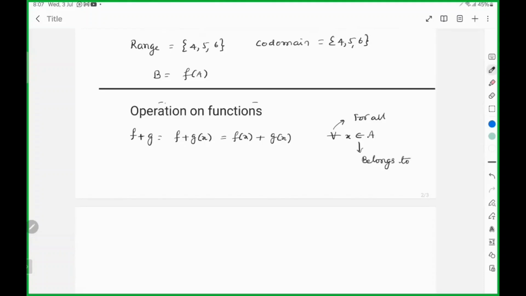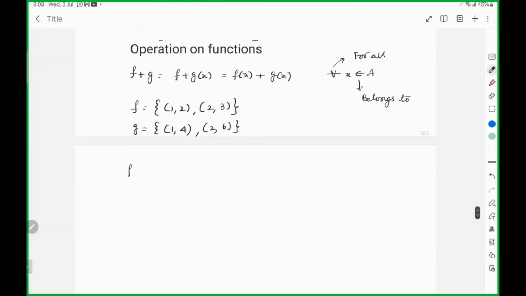So let us consider two functions. One function f is defined like this, and another function g. Here, how addition of functions is defined.